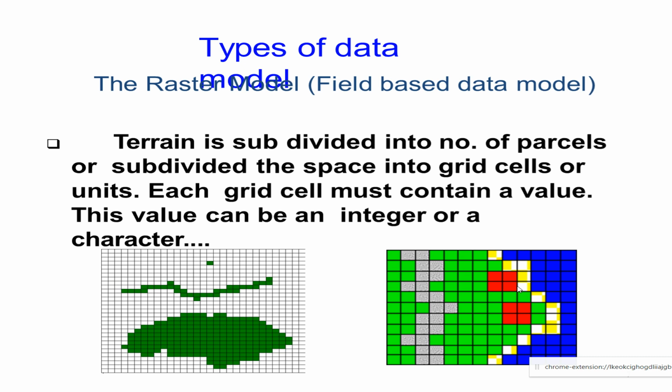The value can be an integer or a character, meaning a numerical value or a name. For example, the states of India, like Uttar Pradesh and Madhya Pradesh, or population density, which has numerical values. So all rasters have some values.